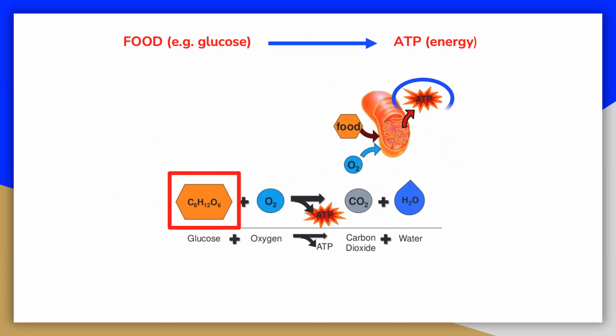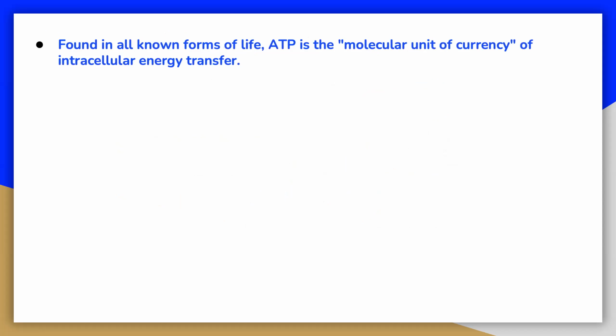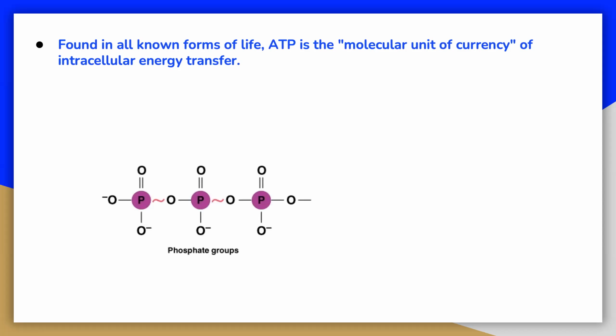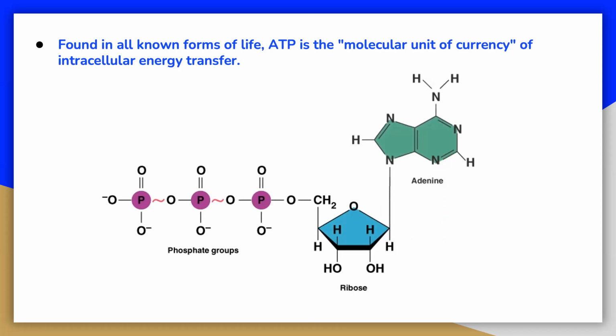Found in all forms of life, ATP is often referred to as the molecular unit of currency of intracellular energy transfer. From the perspective of biochemistry, ATP is a nucleotide that consists of three main structures: a chain of three phosphate groups, the sugar ribose, and the nitrogenous base adenine.